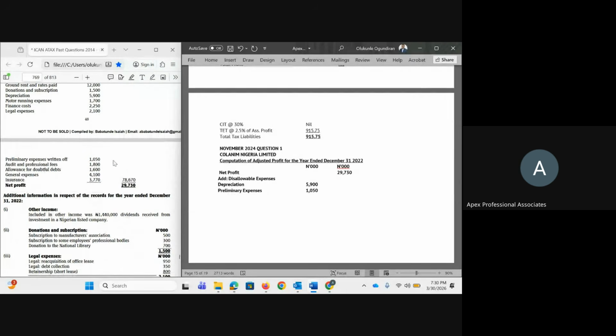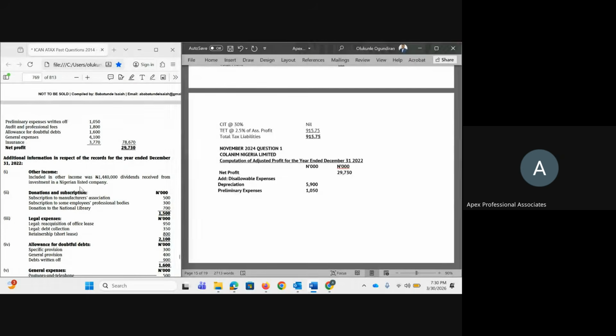Audit and professional fees is allowed. Allowance for doubtful debt, we have to check the additional information. General expenses is allowed. Insurance is allowed, right? Other income included dividends, Abby. So that's non-taxable income. Let me just note it down once and for all.